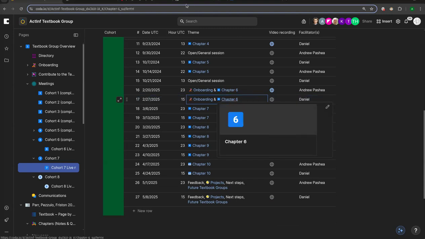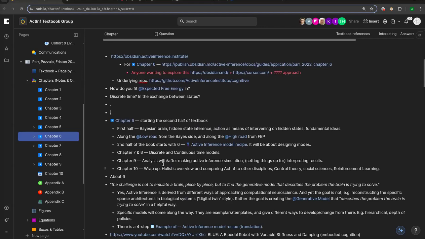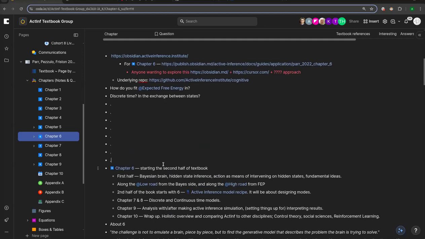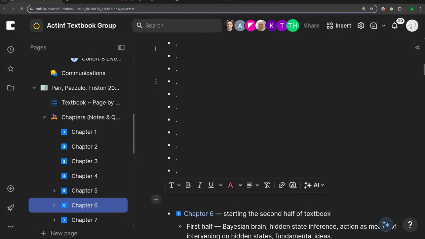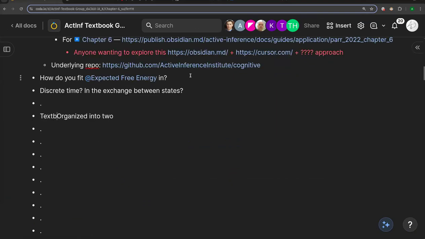Okay, so chapter 6 actually marks the beginning of the second part of the textbook. As we probably already know, the book is organized into two different parts. Part one is mainly theoretical, and part two basically deals with more practical applications of active inference.